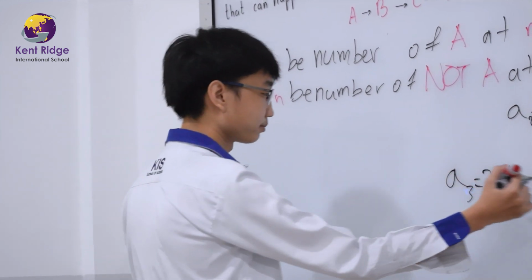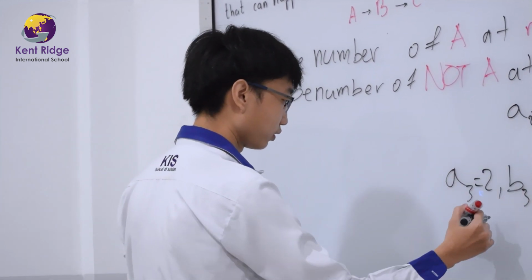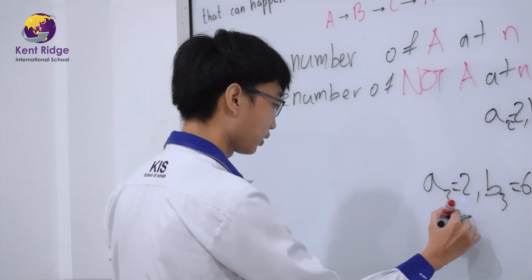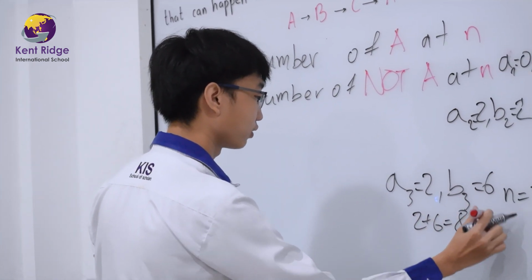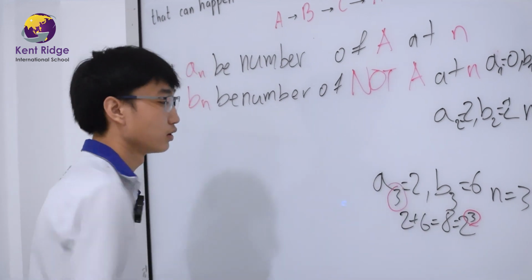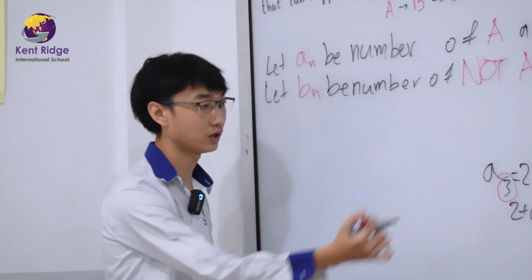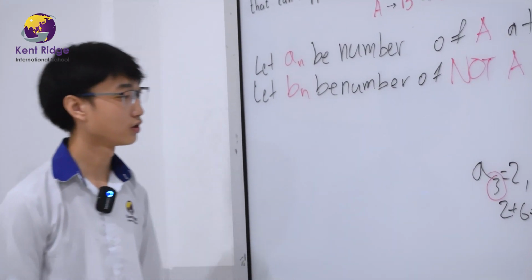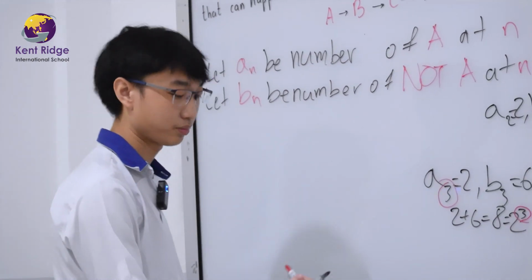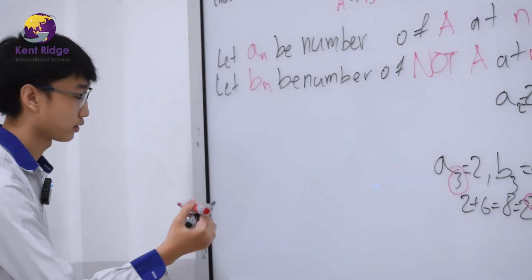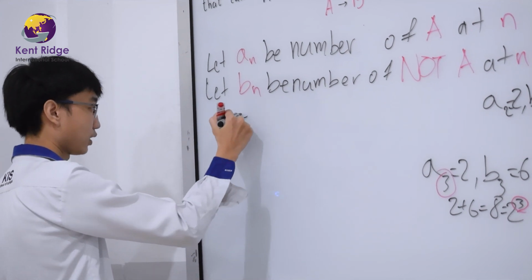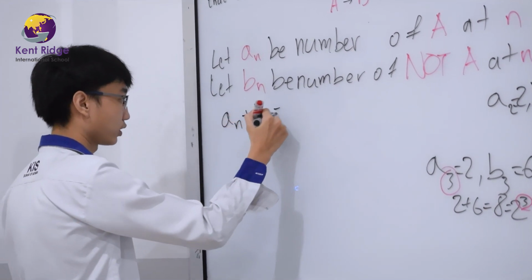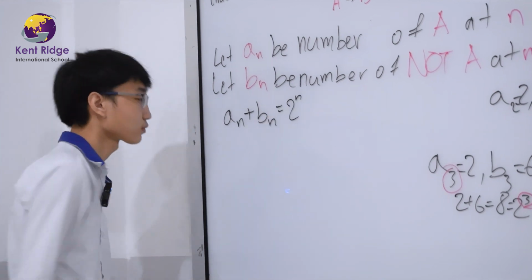So for example, 2 plus 6, that's going to be 8, which is 2 to the power of 3, which is the depth of the tree. So we can more generally represent the relation as A n plus B n is equal to 2 to the n.